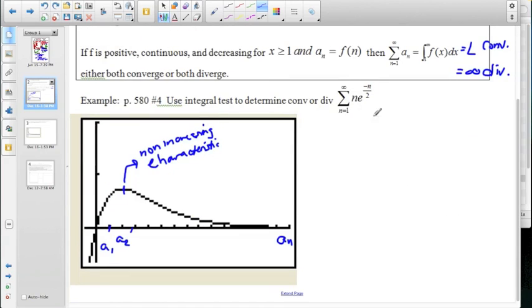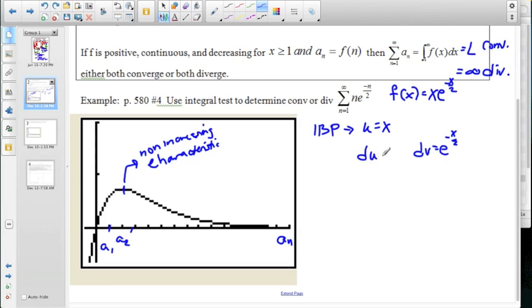So when we look at integrating this, this is an integration by parts. So this is where the chapter on integration techniques really pays off. So we're going to take that integration by parts and go ahead and split it up. So u is going to equal, let's write this as a function first. If we write this as a function, it's x e to the minus x over 2. So we'll let u equal x, and then dv equals e to the minus x over 2 dx.